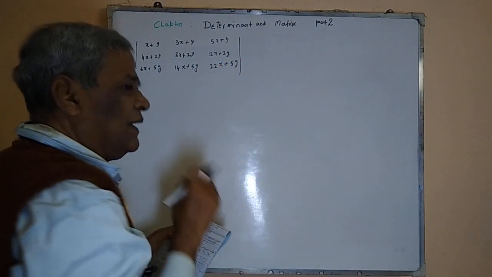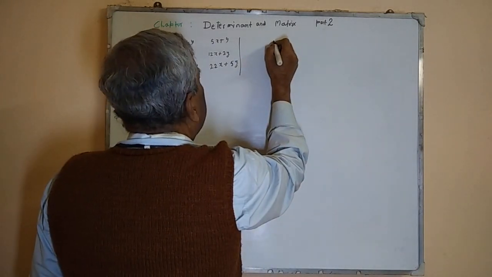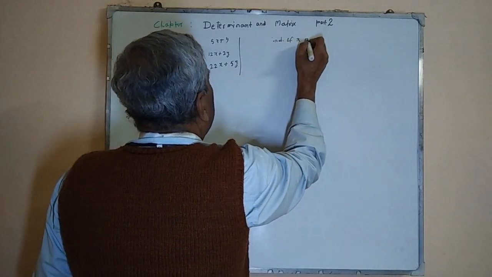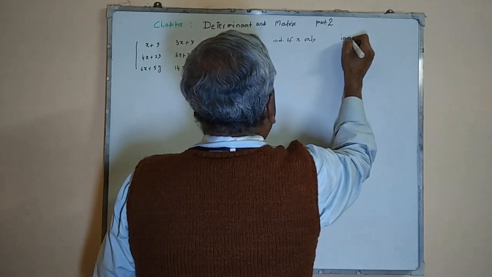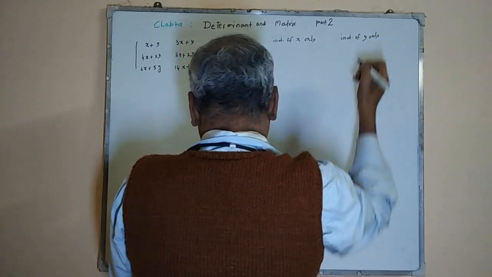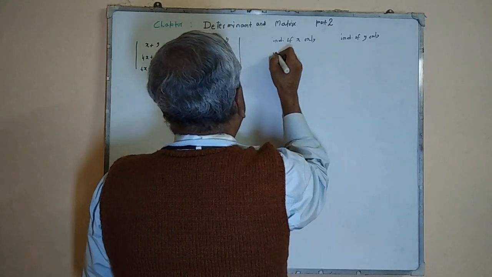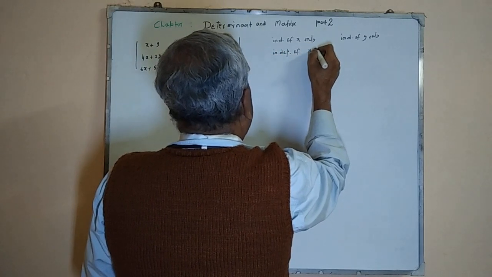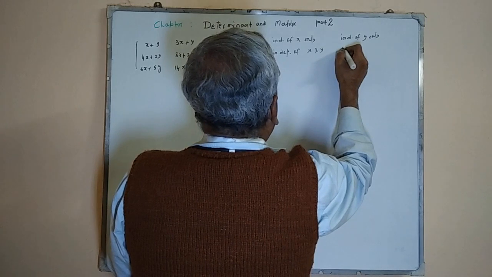The value of this determinant is: number 1, independent of x only; number 2, independent of y only; number 3, independent of x and y both; and number 4, none of these.